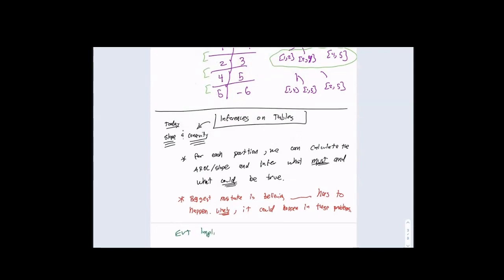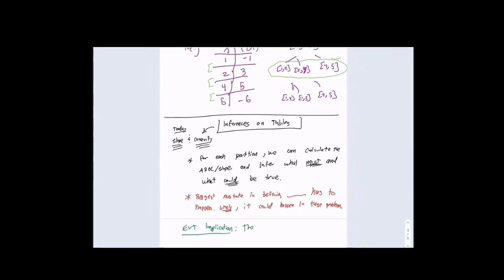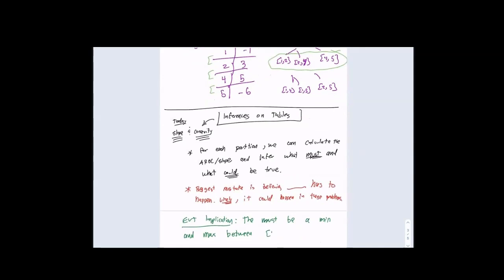EVT implication: there must be a min and max between 1 and 5, but they don't have to be any of the given values.